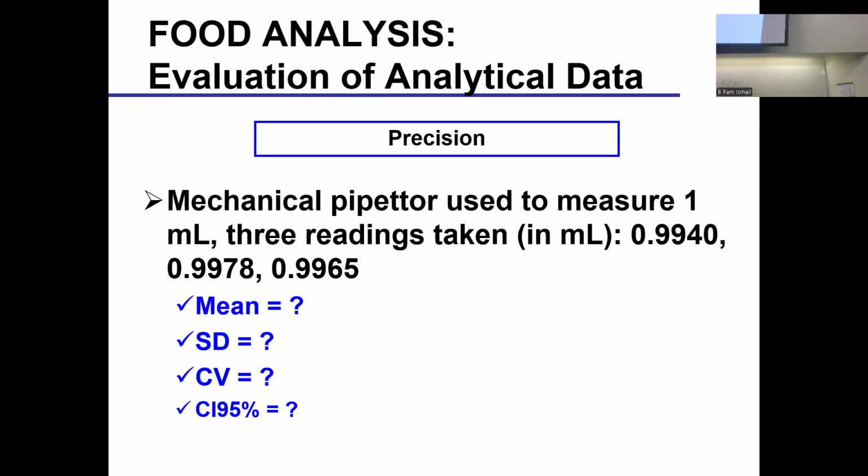And you want to report it in two significant figures. We'll talk about significant figures later, but you have to report it with two, so it will be 0.19%.